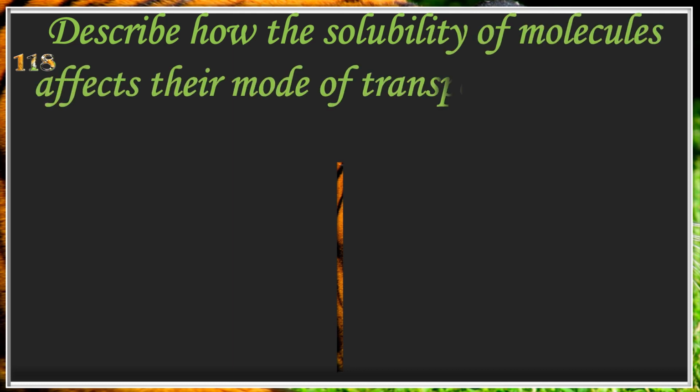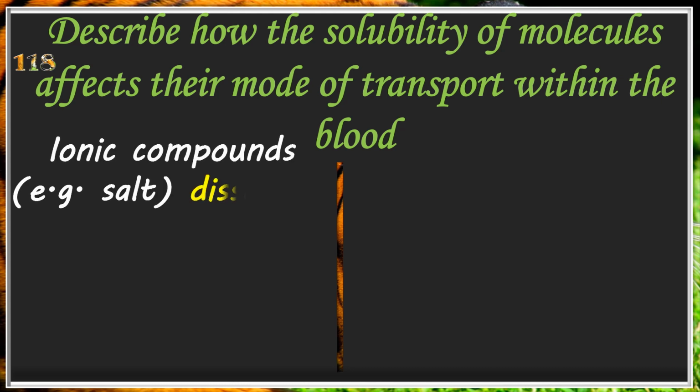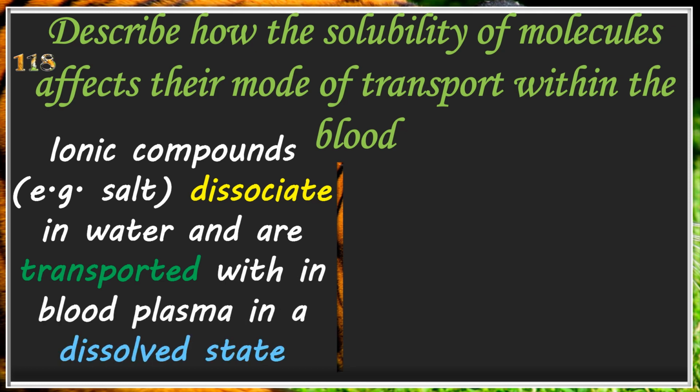Describe how the solubility of molecules affects their mode of transport within the blood. Ionic compounds, for example salt, dissociate in water and are transported within blood plasma in a dissolved state.